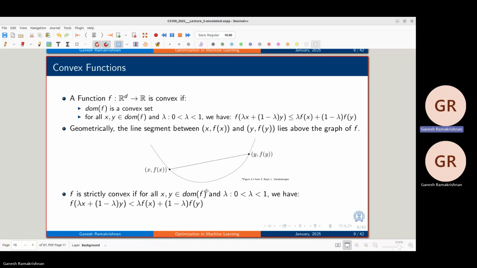On the other hand, consider another set of x such that f(x) is less than or equal to alpha, and let's call this set L alpha. This set is in R2. All the x for which f(x) is less than or equal to alpha.